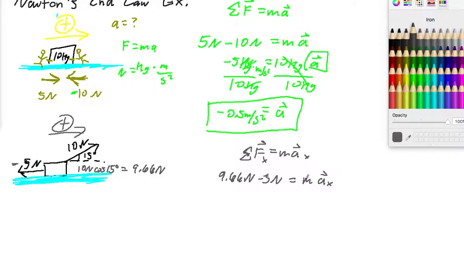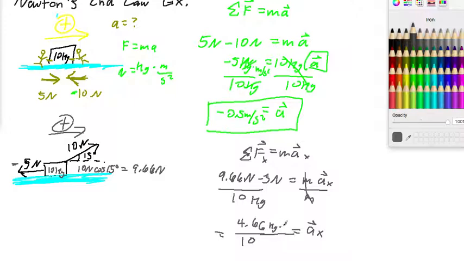Now this m, I didn't give it to you, so I'm just going to say it's the same 10 kilograms as the previous box. So now we just divide by the mass, which is 10. Your acceleration over the x-axis of this box is 4.66 over 10, and this would be newtons, which remember is kilograms meters per second squared, divided by 10 kilograms.